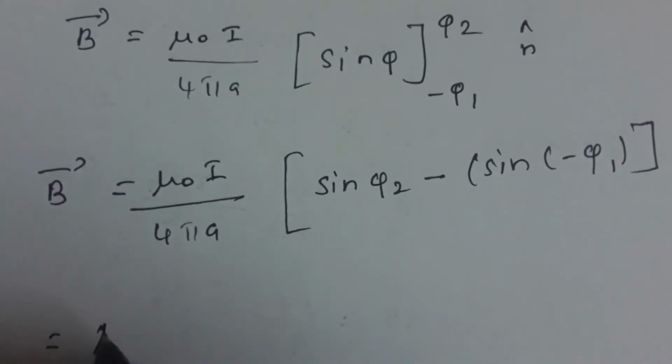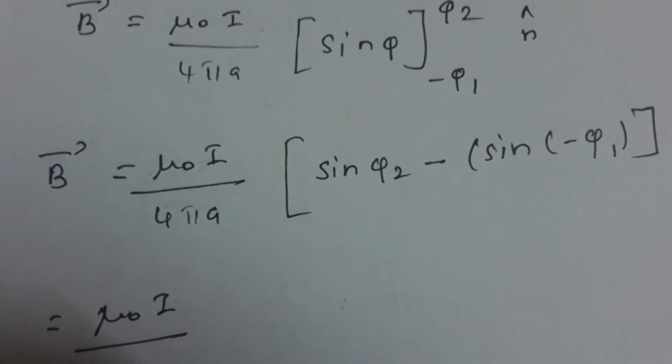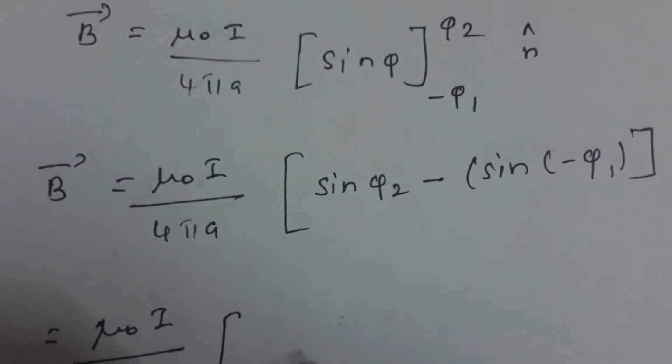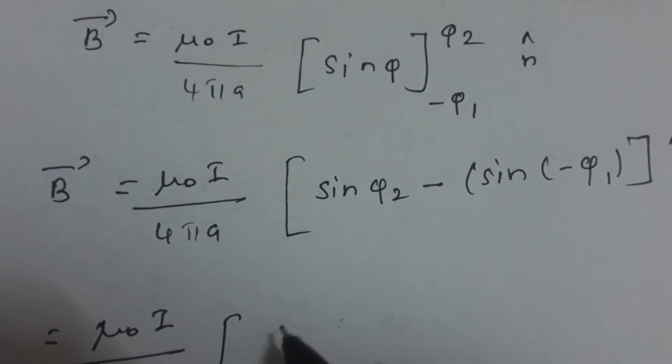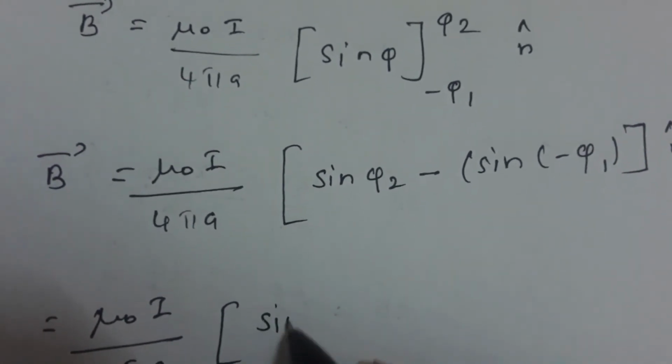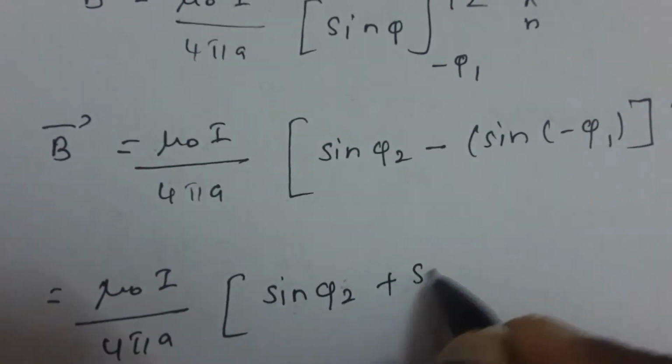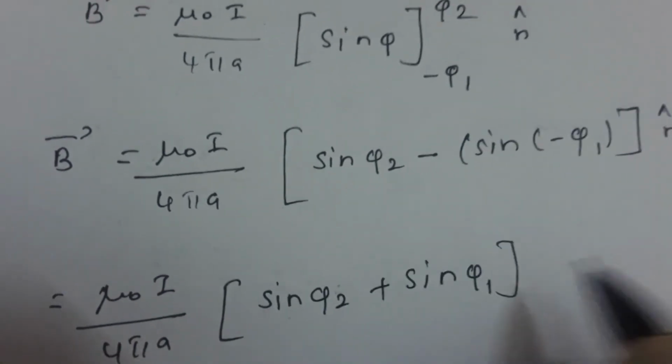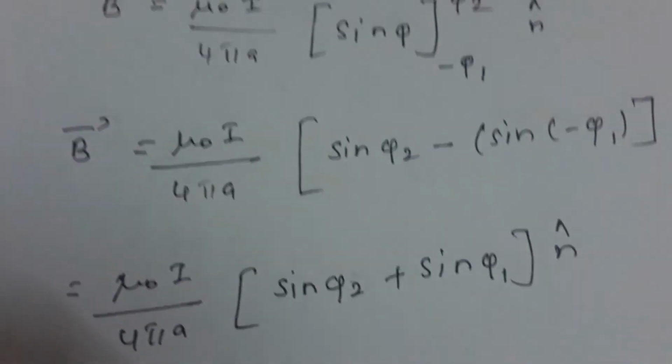Sin of minus phi 1 is minus sin phi 1. So it is mu 0 I by 4 pi A into sin phi 2 plus sin phi 1, into n unit vector.